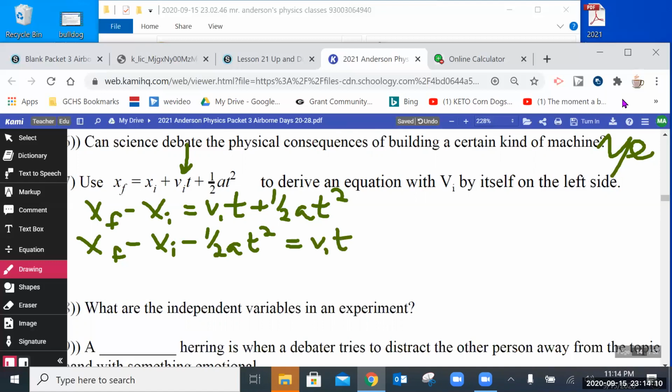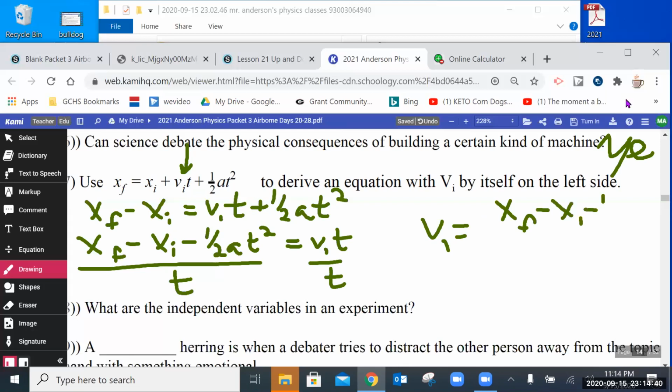And now I'm going to divide both sides by t. And then I'll be almost done. The t's on the right-hand side are going to cancel, leaving the V1 by itself. I'm going to rewrite the final answer flip-flop so that the V1 is on the left-hand side instead of on the right. And there we have our answer.